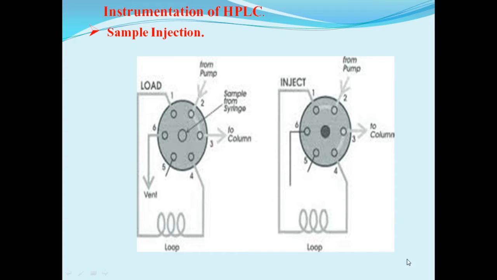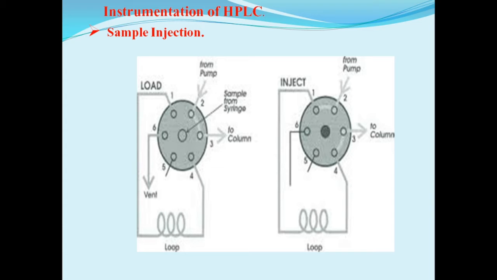Loop injector. In the load position, a sample loop, which is available in a variety of sizes ranging from 0.5 microliter to 5 ml, is isolated from the mobile phase and open to the atmosphere.